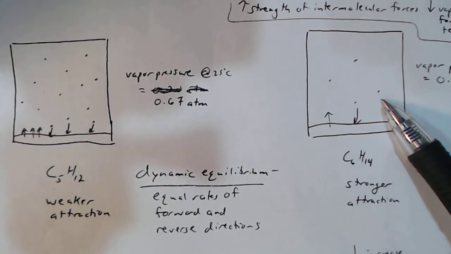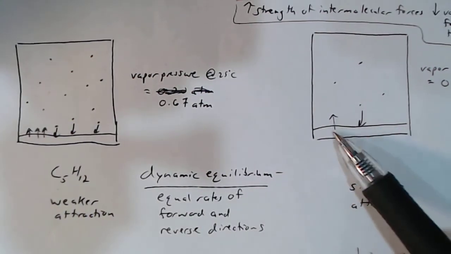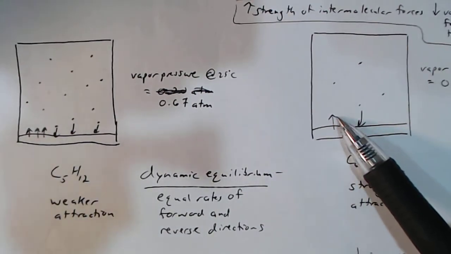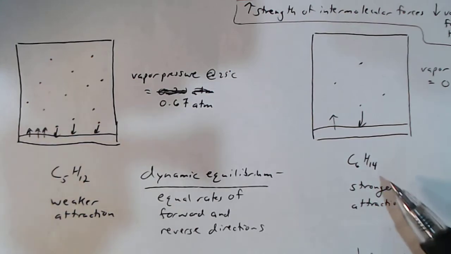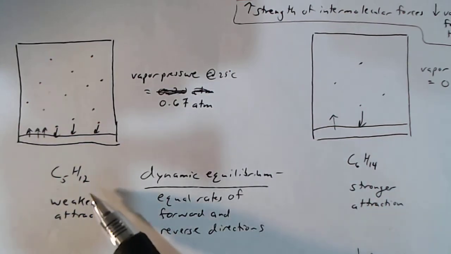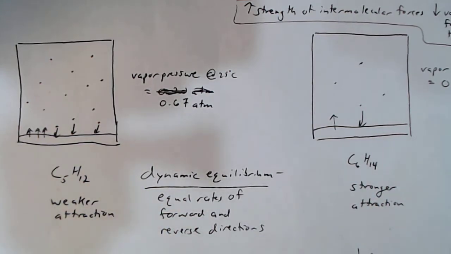This is because particles are not as easily able to vaporize because there's a greater attraction between hexane and hexane molecules compared to pentane and pentane molecules. With greater mass comes greater dispersion forces.